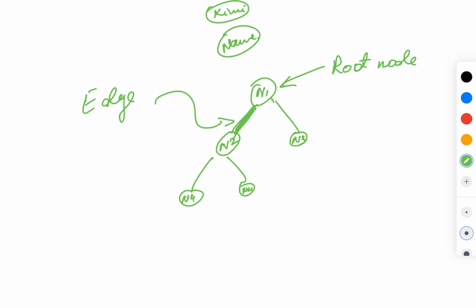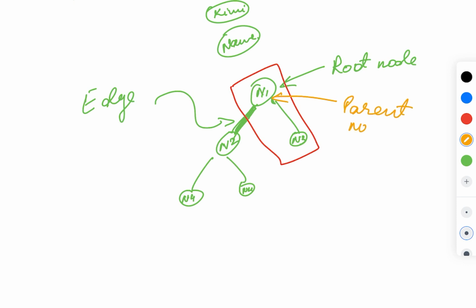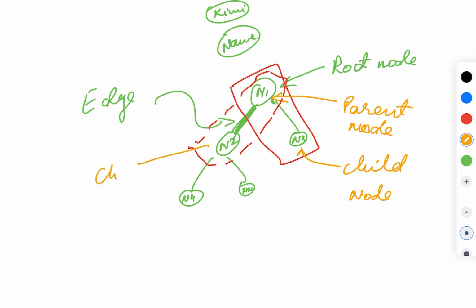In this, if we look at, let's consider this part of the tree. This is the parent node. This is the child node. Even here, if we look at this, the parent node is going to remain the same, and this becomes the child.